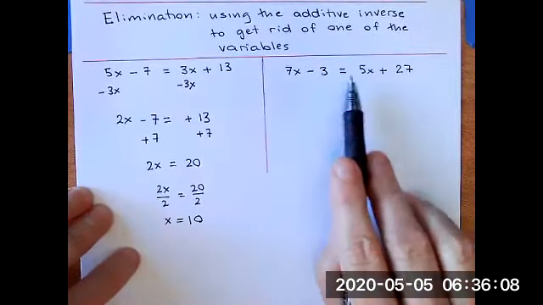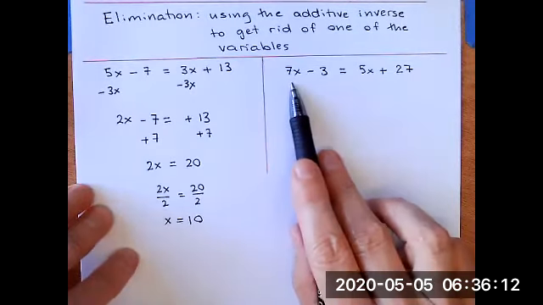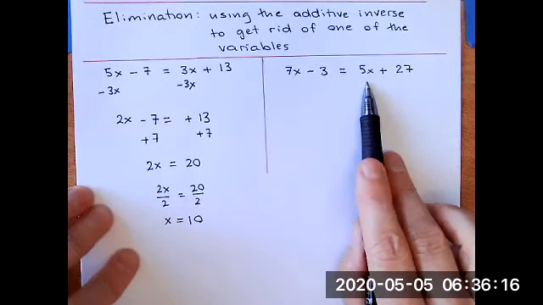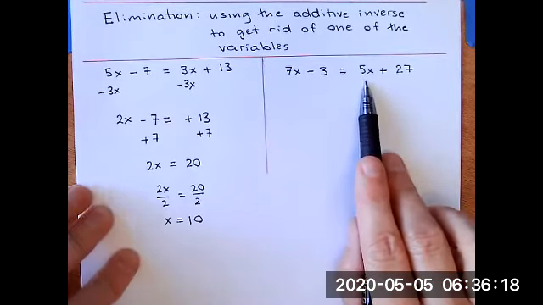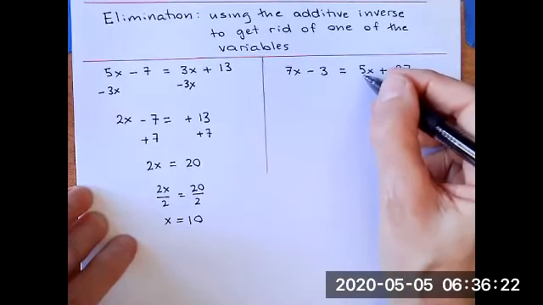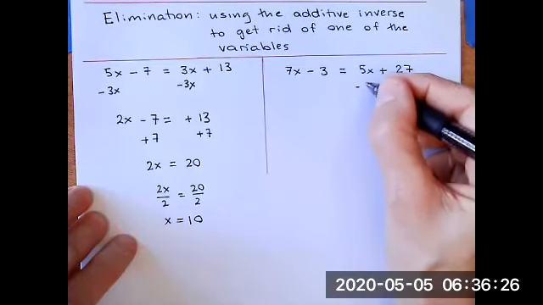Again, we have x on both sides of the equation. So I want to eliminate either the 7x or the 5x. Again, it's nicer to get rid of the smaller one. So let's use the additive inverse of 5x, which is -5x.